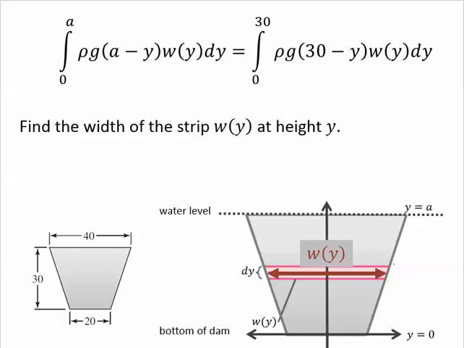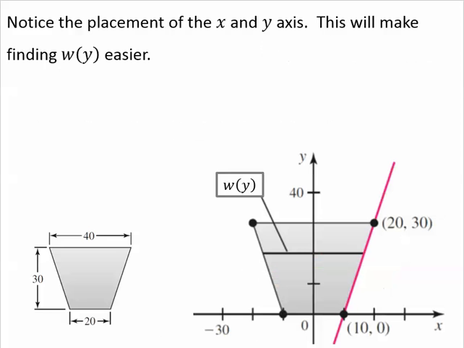We need to find the width of the strip, W of y, at height y. We can see that that width is going to change as we move up and down the y-axis. So what is W of y? Notice the placement of the x and y axes. This will make finding W of y easier.